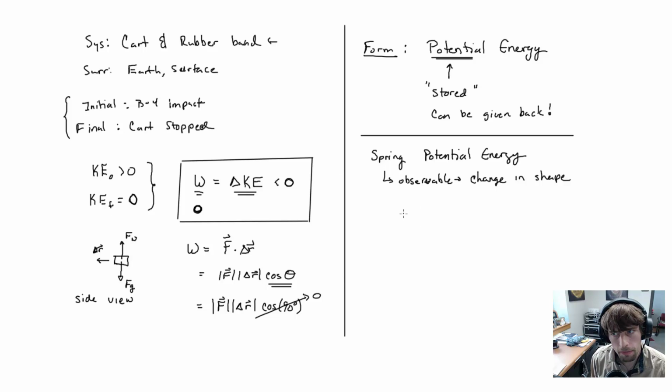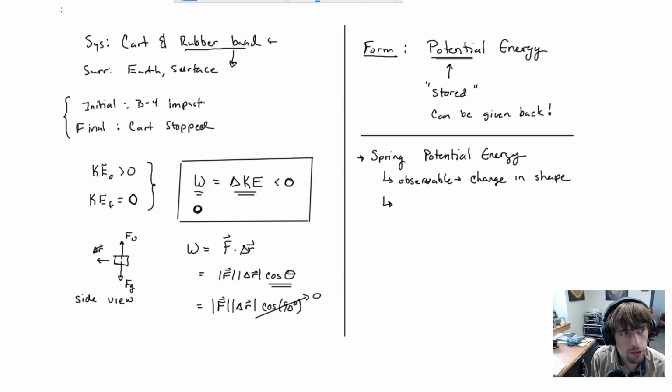Now, let's see here. We can go a little bit further. So how do we get an expression for the spring potential energy for this situation? Some of it goes back to considering the rubber band in the surroundings.